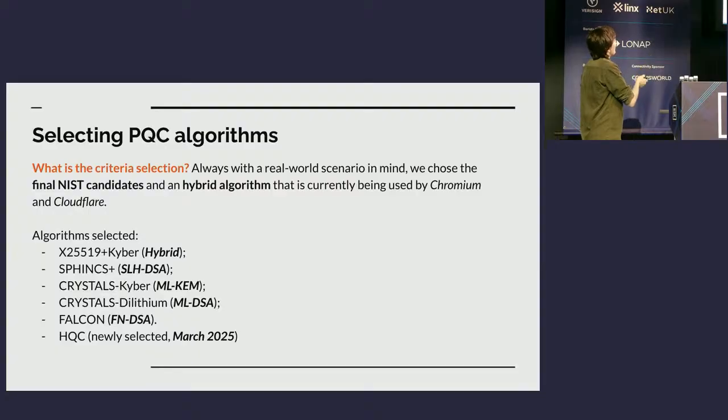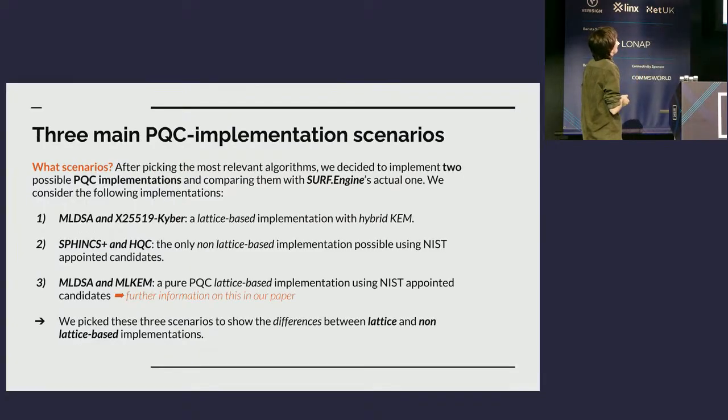So why did we select these? It's because we wanted to pick the most relevant algorithms, and we wanted to compare these PQC algorithms with the current infrastructure, so the traditional cryptography that is used right now. So why did we choose these scenarios? We decided to test lattice signatures and hybrid key exchange mechanisms.